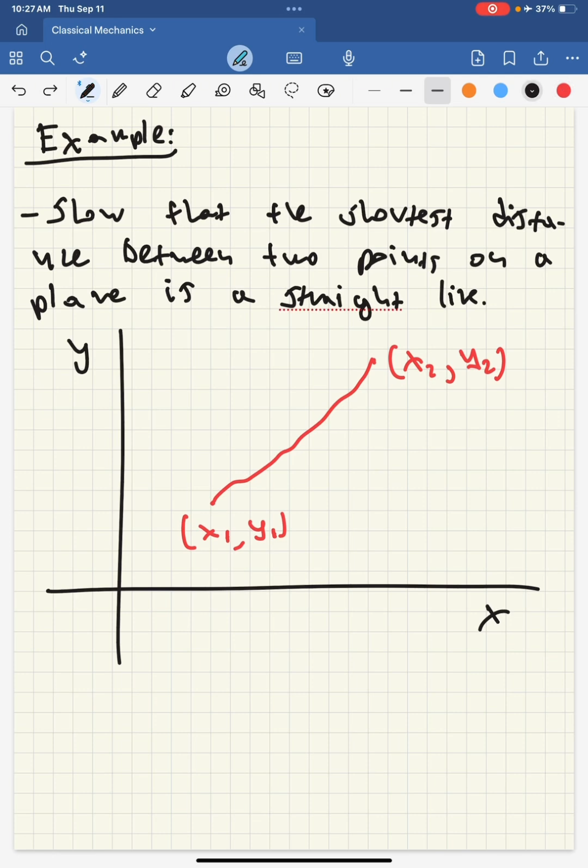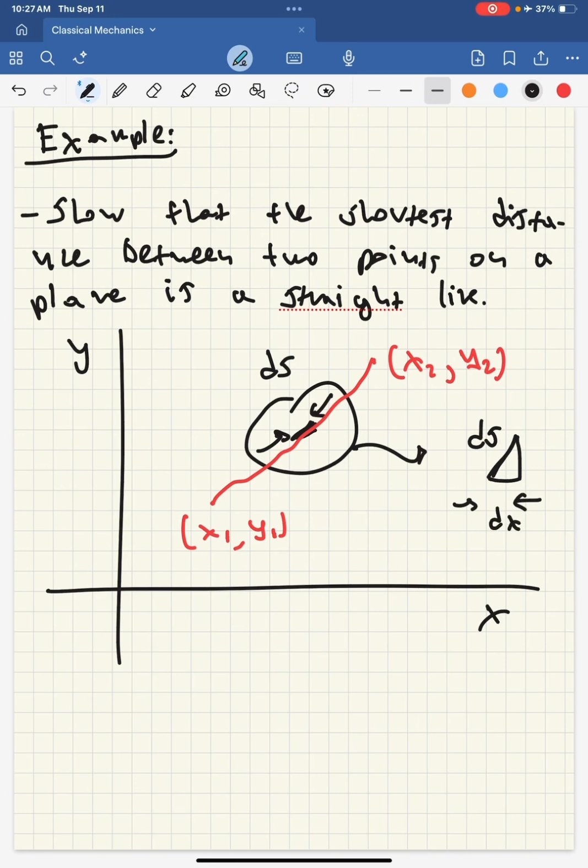So since you are dealing with length, you take an infinitesimally small piece of this line, and this piece is going to have a length ds, and if we zoom in, this ds is the hypotenuse of a right triangle with sides dx and dy, okay?